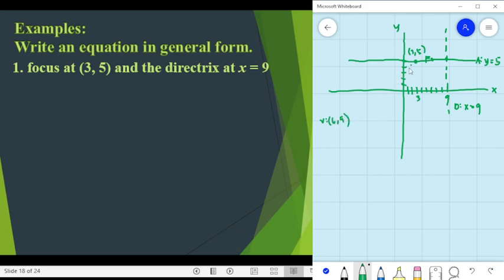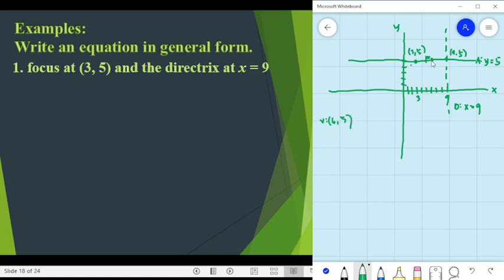Right? So this one is (9, 5), and your vertex is the midpoint. So 3 plus 9 is 12 divided by 2 is 6. And then the y-coordinate, it's not 9, it's 5.